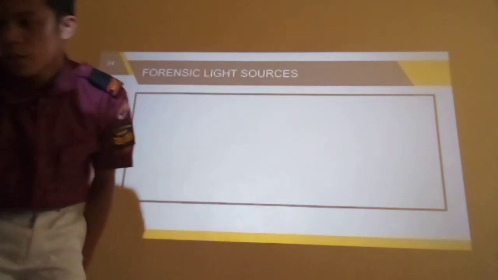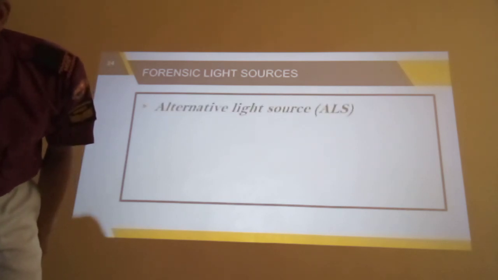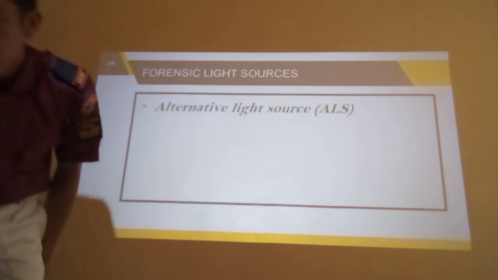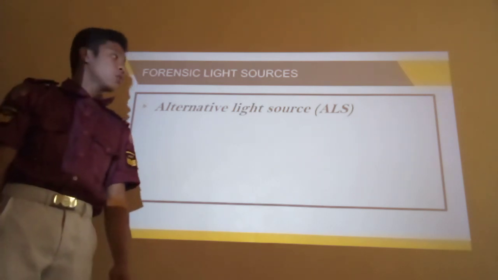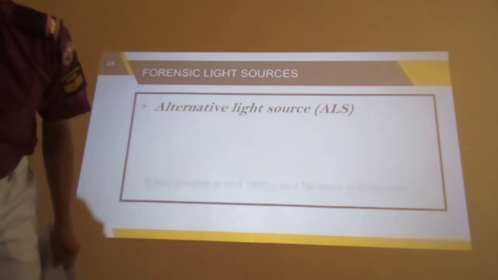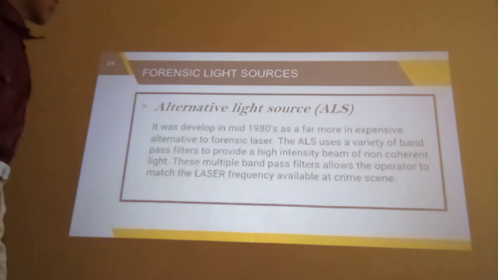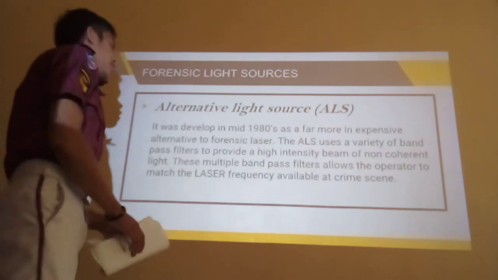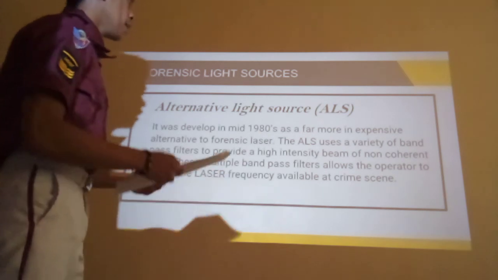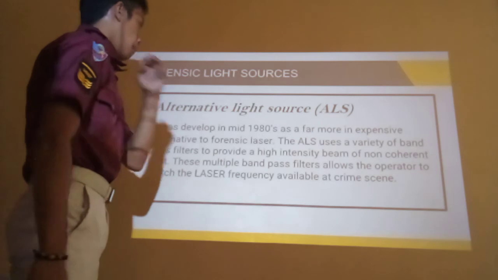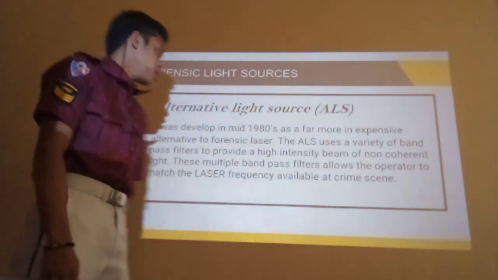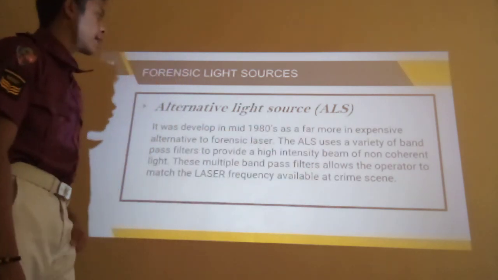The next forensic light source is the alternative light source, or as we call it, ALS. The alternative light source was developed in the mid 1980s as a more inexpensive alternative to forensic lasers.